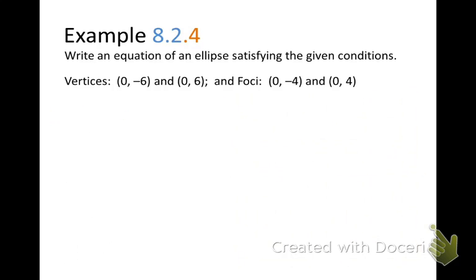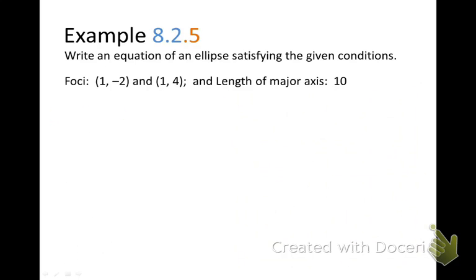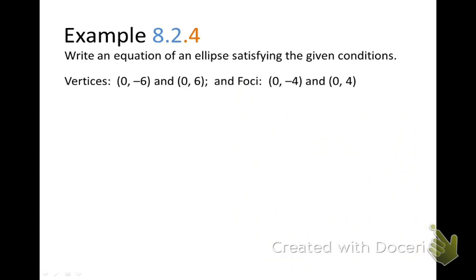We want to now write some equations. So write an equation of an ellipse satisfying the given conditions. Based on where you see your vertices, if I'm going to draw a quick sketch of this thing, I've got points at 0, -6 and 0, +6 on the y-axis, right?